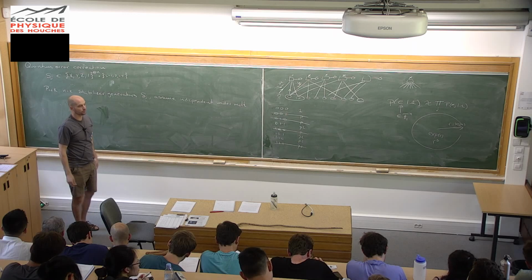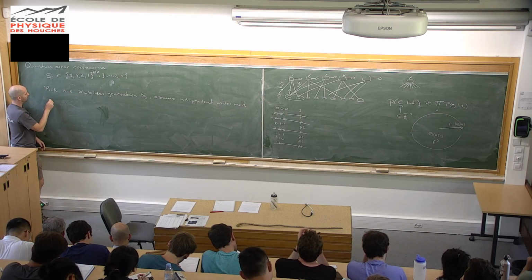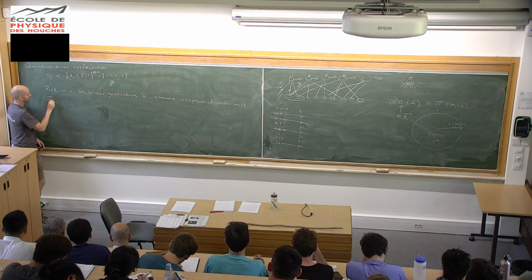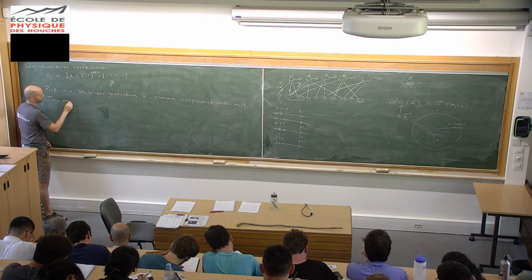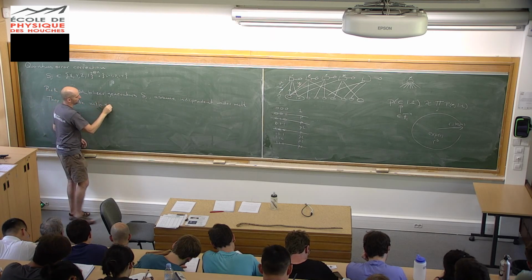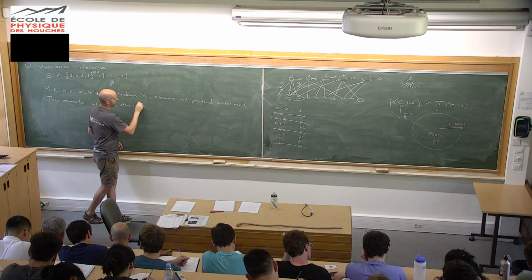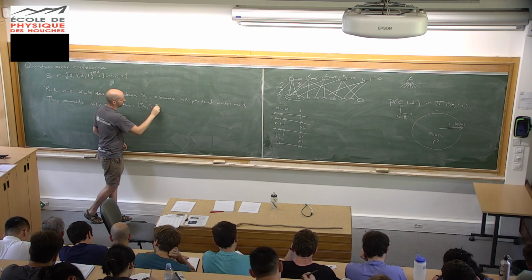They can't generate each other. Also, they commute with each other: [S_i, S_j] = 0.